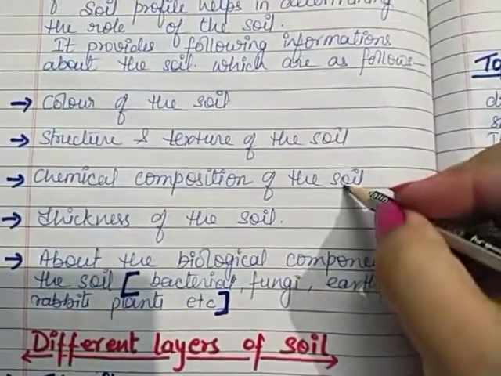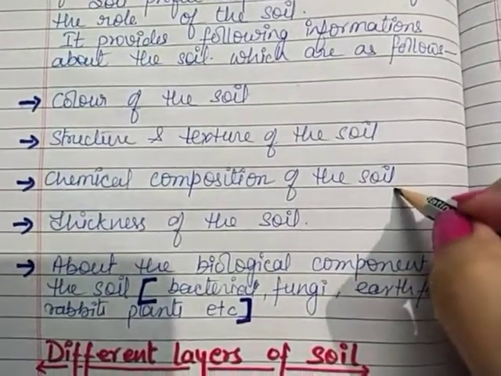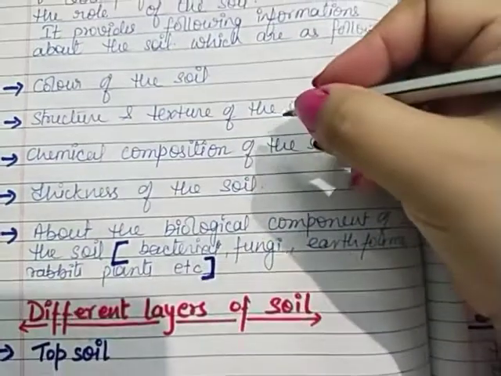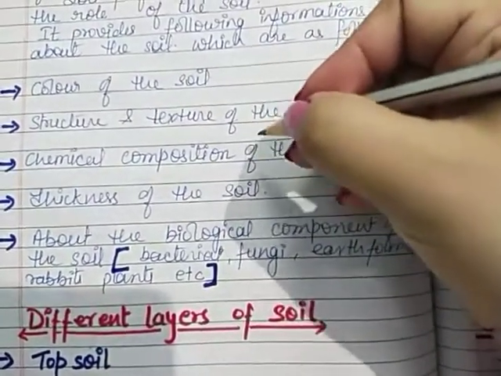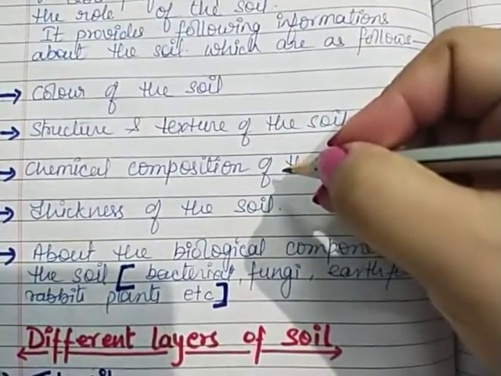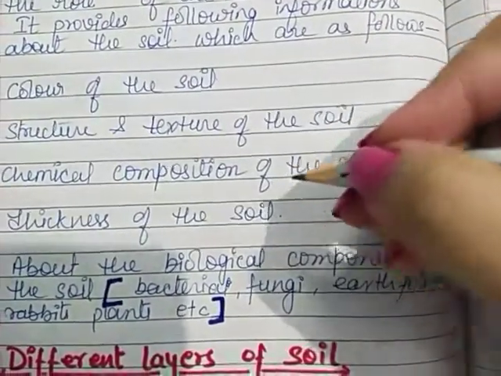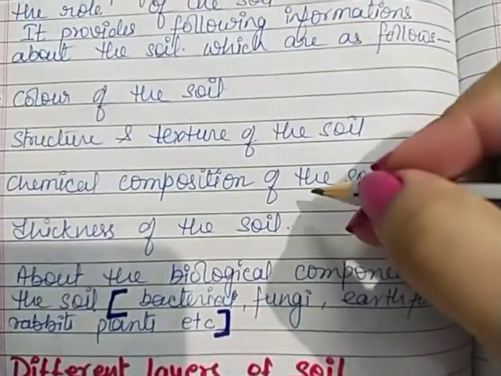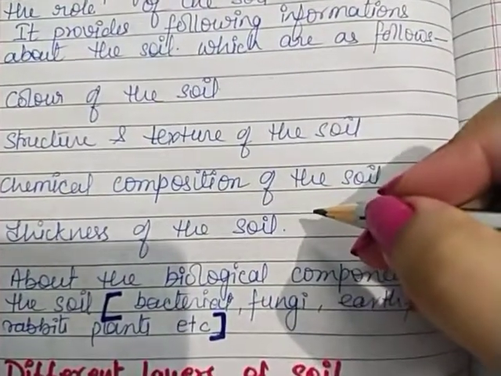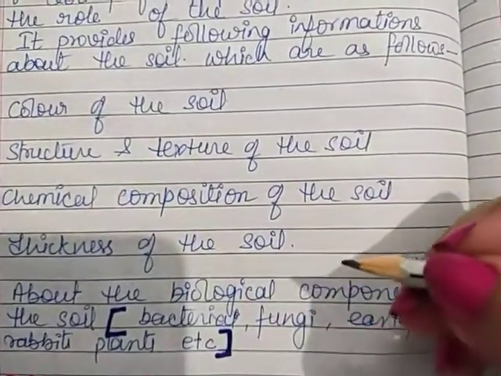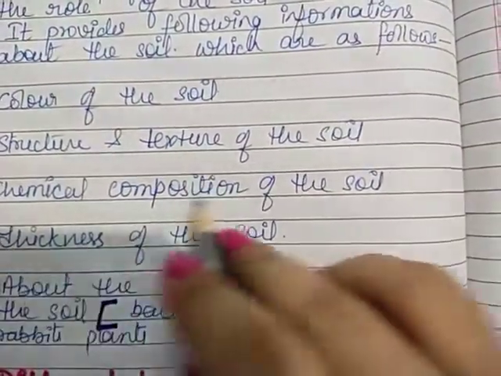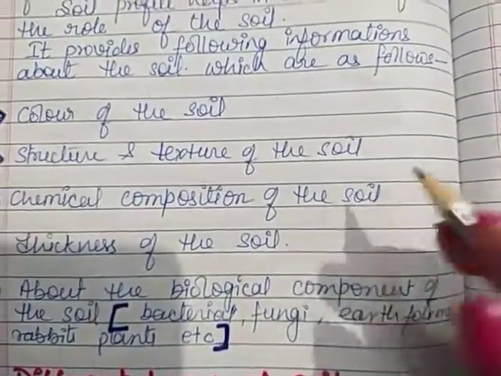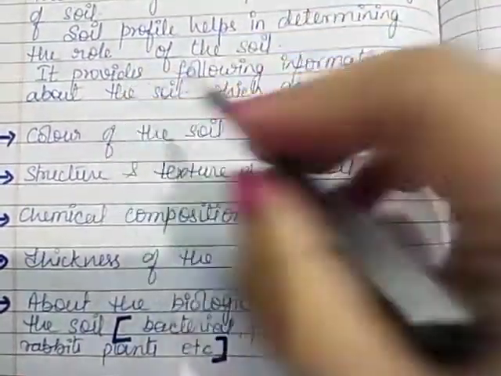Of course, we will get information about its chemical composition, meaning chemically what types of things are present, like what type of minerals are present in each and every layer, what type of gases, what type of salts are present in each and every layer. All this information about the chemical composition of the soil we will get from the study of soil profile.